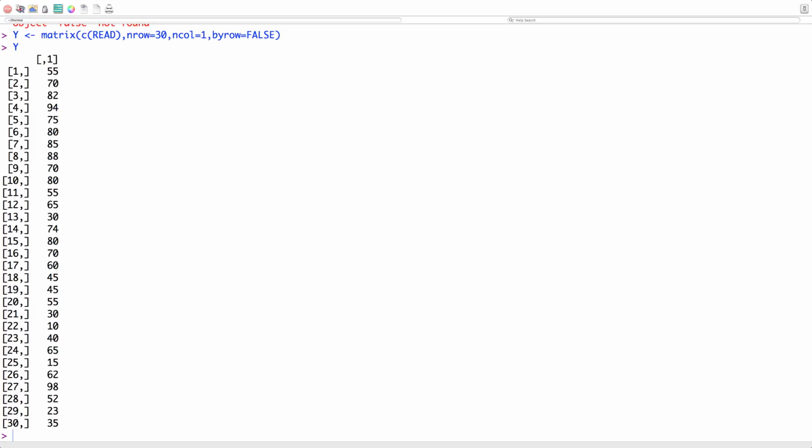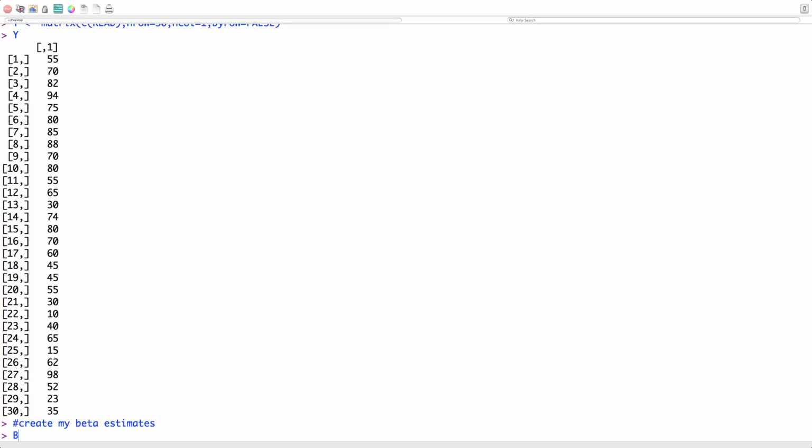So what I want to do first of all is create my beta estimates, so I'm going to call that B. The first thing I have to do is take the product of X transpose X, but I have to take the inverse of that. So to take the inverse, I use solve.